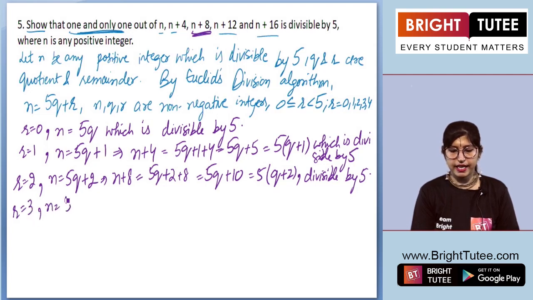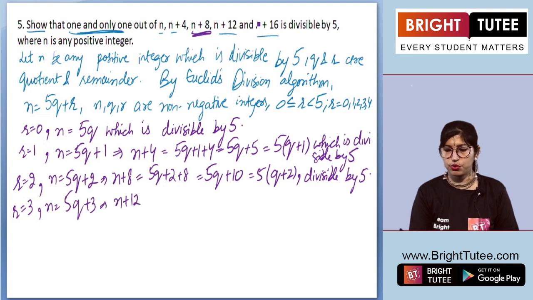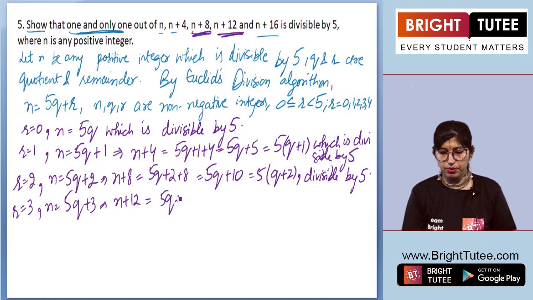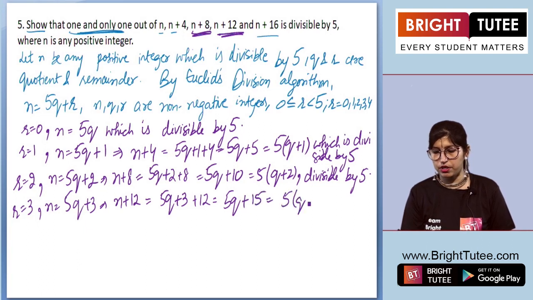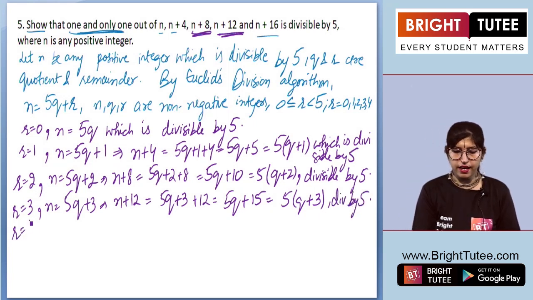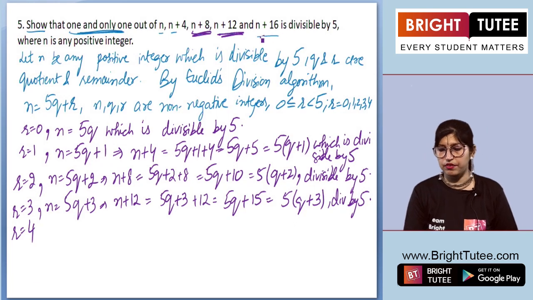Let's move on to when r is 3. So we'll get n as 5q plus 3. Now we'll talk about n plus 12, which is the next number. So 5q plus 3 plus 12, which is 5q plus 15. We'll take 5 common, we're left with q plus 3. Again it is divisible by 5. Now let's say r is 4 and we have n plus 16.